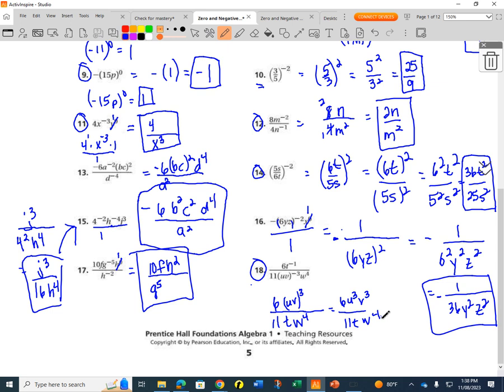I do want to go over, you're going to do the back of your pink sheet for homework, so I do want to do some of those with you. I said we would scan and submit these, and we can in just a minute, but I want to do some of these problems with you first. So let's flip your pink sheet over, because the back side of your pink sheet is your homework tonight.